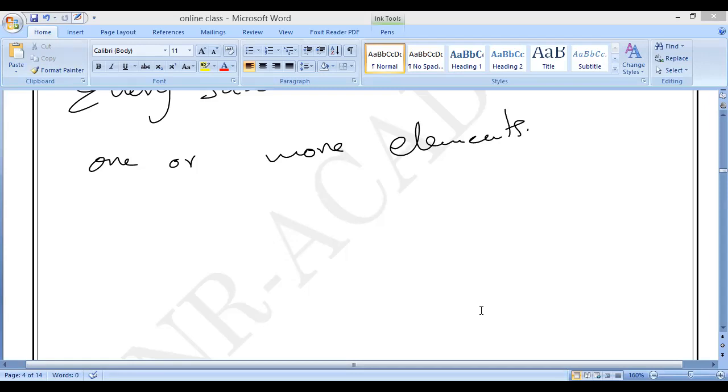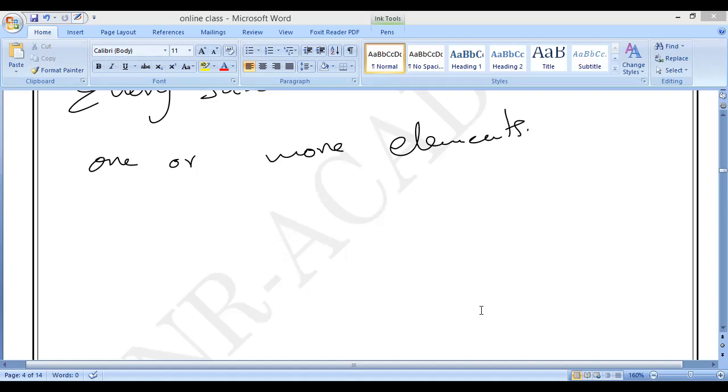Even diamond and graphite are elements only. Why? They are made up of carbon atoms, only one kind of element. Diamond and graphite are carbon.